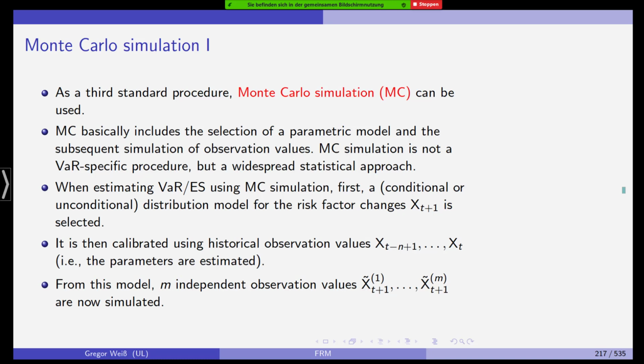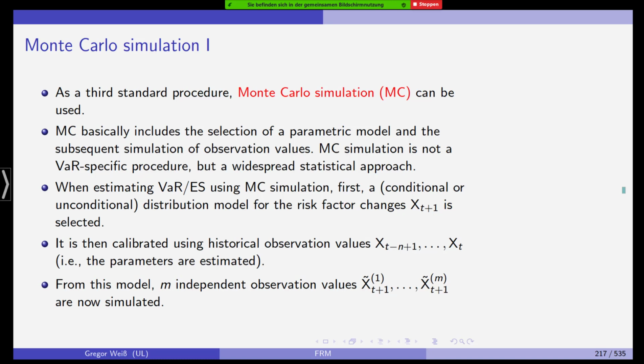So if you throw a dice, you would say, well, okay, 2, 3, 5, 6, 1, 2, 5, 6, 6, 5, 2, 1, and you would generate random numbers from, in this case, a uniform distribution. And that's what Monte Carlo simulation does. It comes up with techniques, with mathematical tools, to simulate observations from a given distribution.